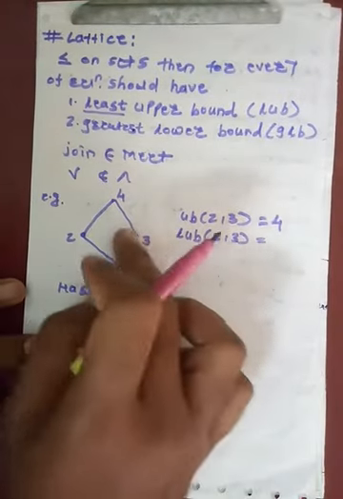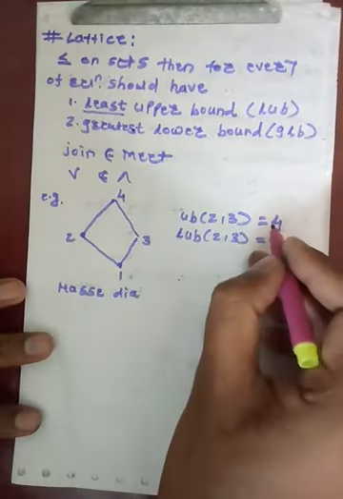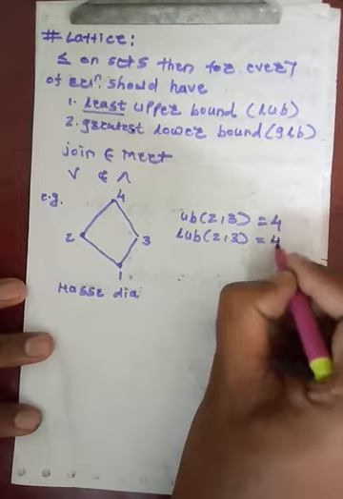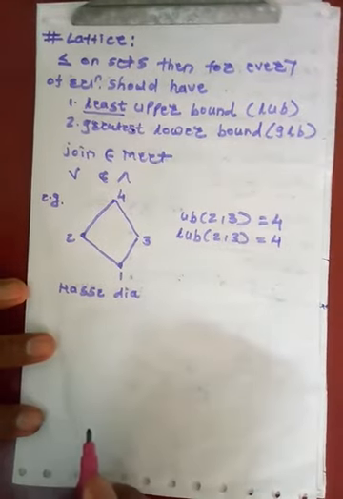Here there is only one upper bound, so the least one is itself, 4, right?